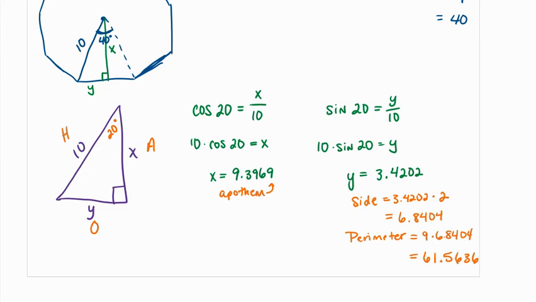Okay, then last step, our area would be 1/2 times the apothem times our perimeter. And if we put that in our calculator, we get 289.25.